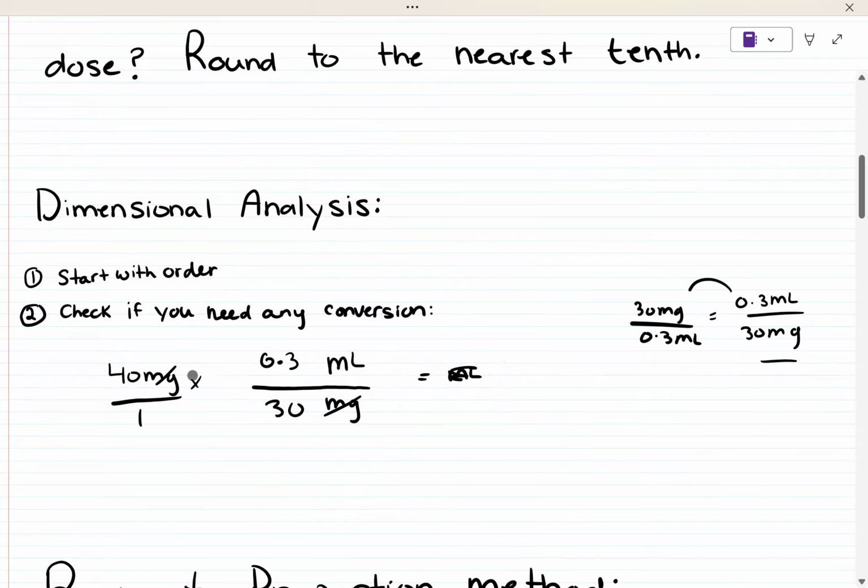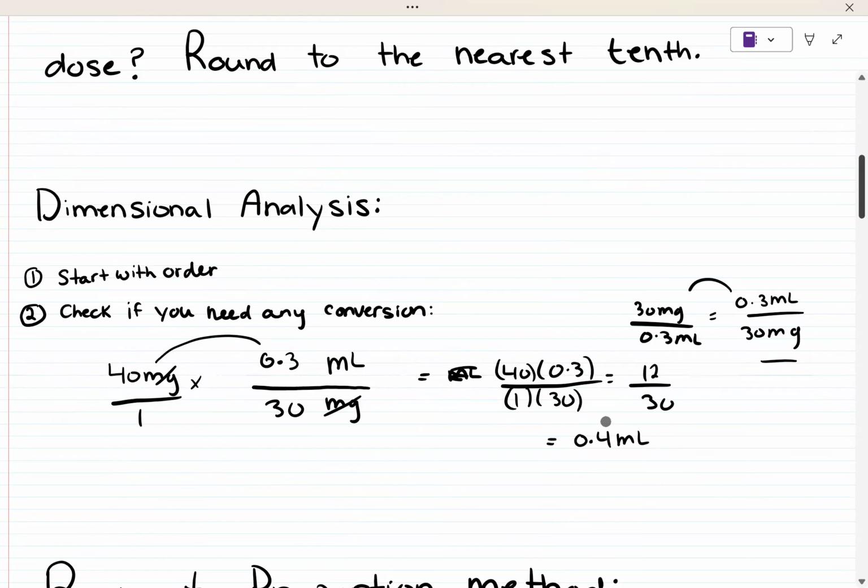Multiplying across, it's 40 times 0.3 over 1 times 30. 40 times 0.3 is 12, and 1 times 30 is 30. And 12 over 30 is 0.4 milliliters.